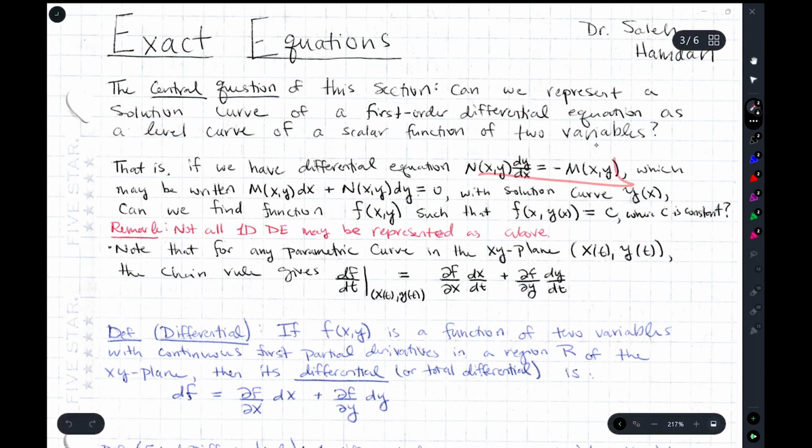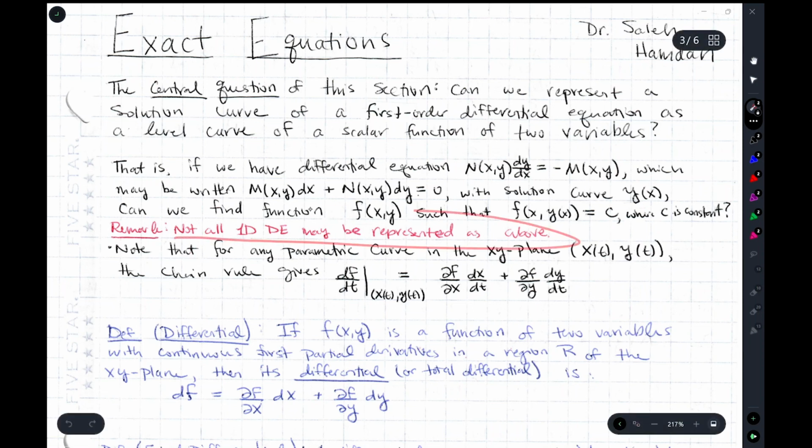That is, if we have this differential equation here, which we could write in differential form this way, with solution curve y of x, can we find a function of two variables f(x, y), such that f(x, y) is equal to this constant, so that this function of two variables, its level curves, are solutions to this differential equation?